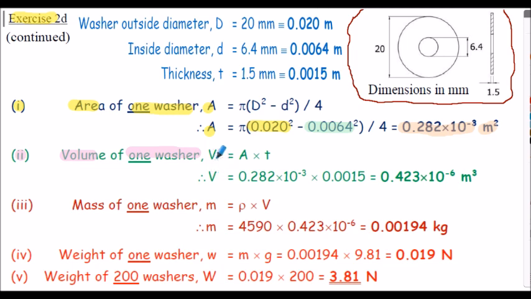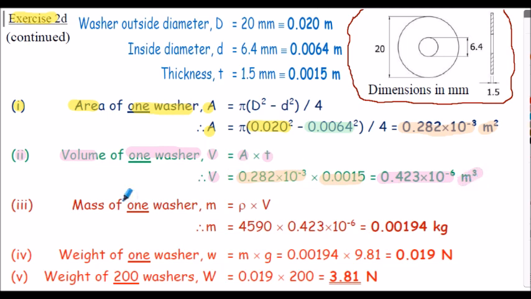So V is equal to the cross-section area multiplied by the thickness of the washer. So the volume is equal to the area, calculated above, multiplied by the thickness, again stated above. So the volume is 0.423 times 10 to the negative 6 meters cubed.